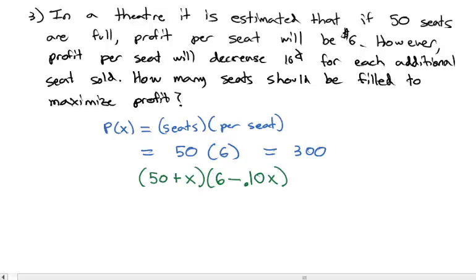This, then, is what we want to maximize. Find our maximum profit inside these constraints. Well, we could take the derivative of the product, but polynomials are easier, so let's multiply this out. 6 times 50 is 300, minus 50 times 0.10 is 5x, plus 6x minus 0.1x squared.